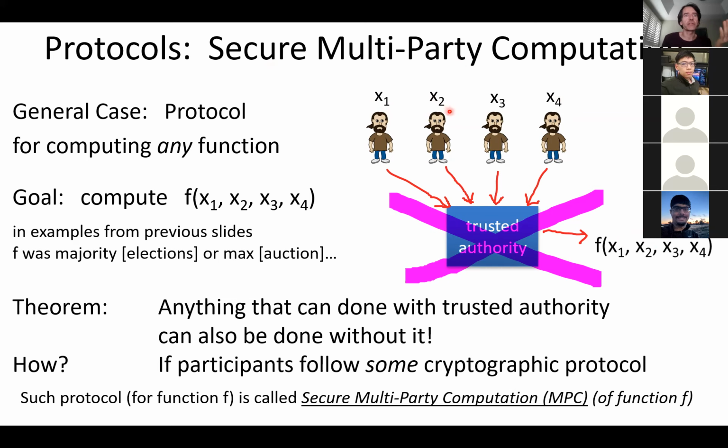So they all create a key to begin with in such a way that only presence of all of them can actually imply the key, and nobody can skew the key. And so the final thing is just decrypted by all of them.